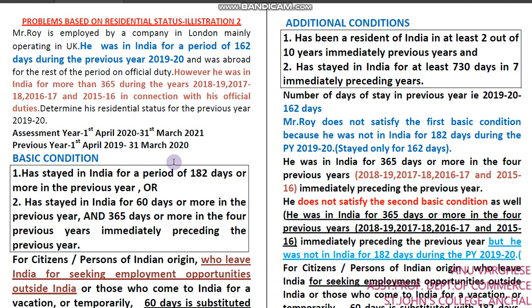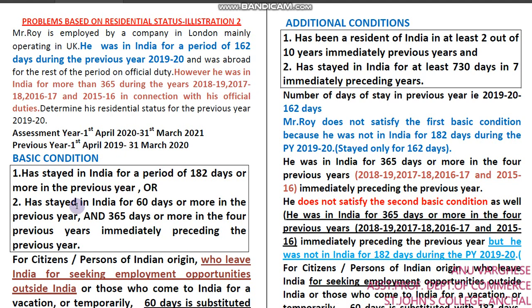Keep in mind that a year starts from 1st April and ends on 31st March. Our previous year is 1st April 2019 to 31st March 2020.